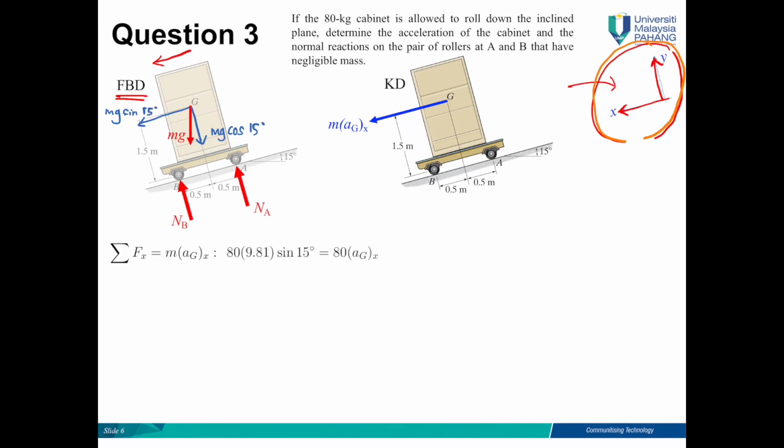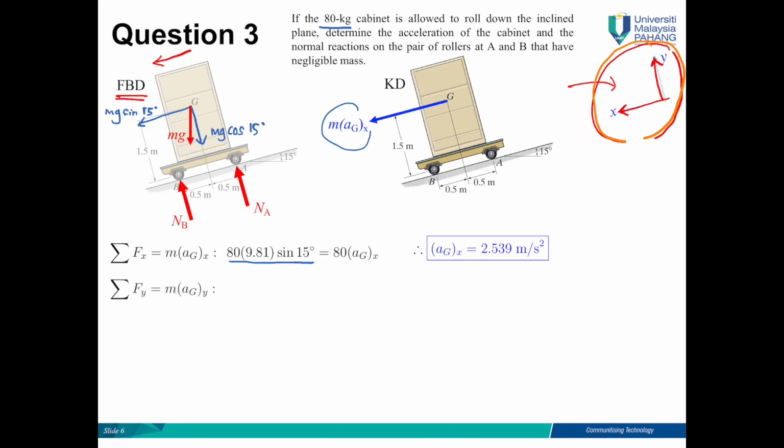So in the x-axis, we have mg sin 15 degrees equal to what we have on the kinetic diagram, which is this m a_x, so 80 kg times a_x. Next we straight away get the value of a_x, that is 2.539 meters per second squared.